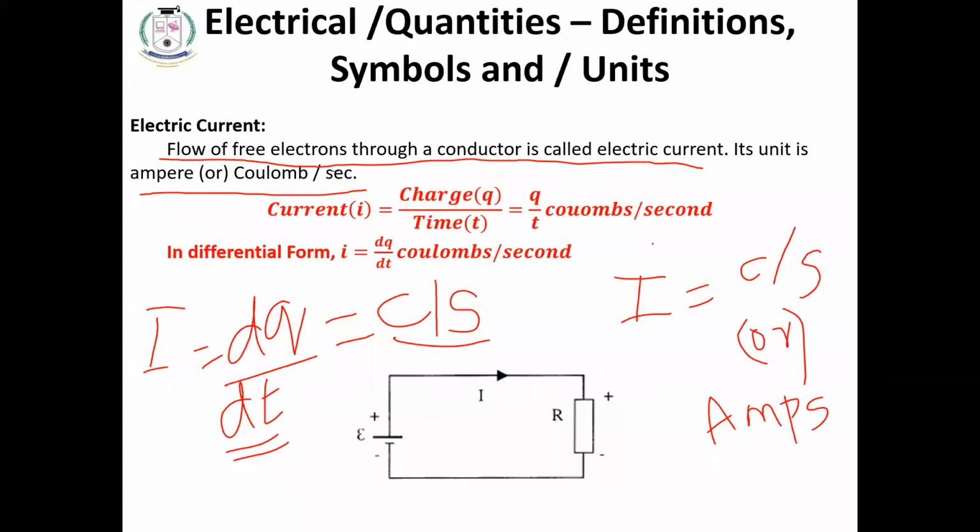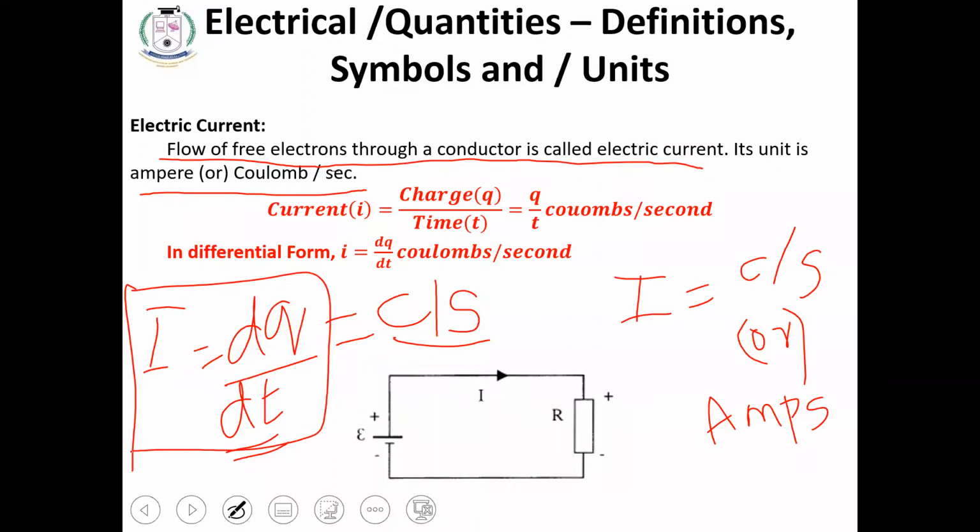What is the formula for current? I equals dq by dt. Charge may be a positive charge or a negative charge. Charge is measured in coulombs, and one coulomb equals 6.25 into 10 power 18 electrons.